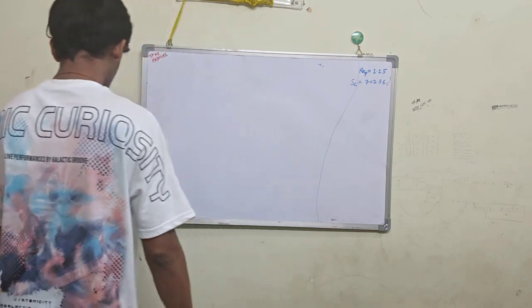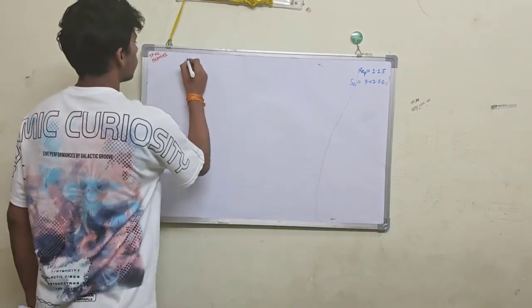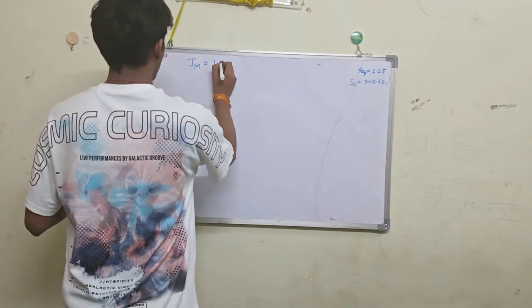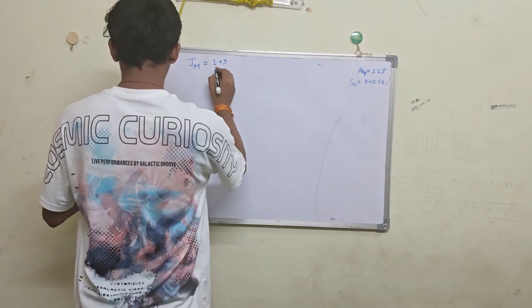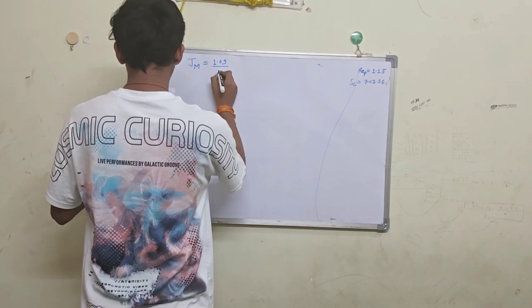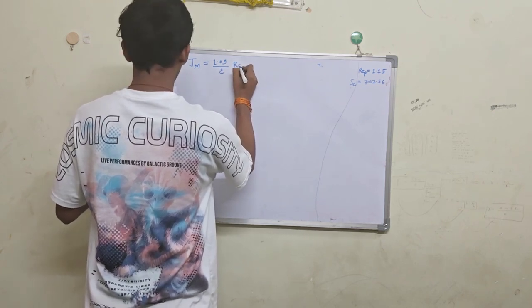Okay. So now this equation was 1.09 divided by epsilon Reynolds number.